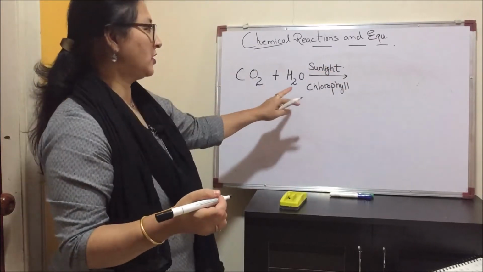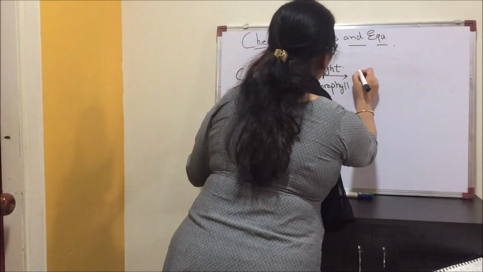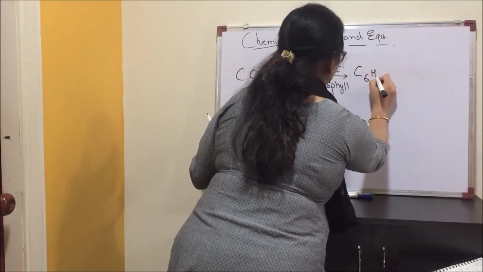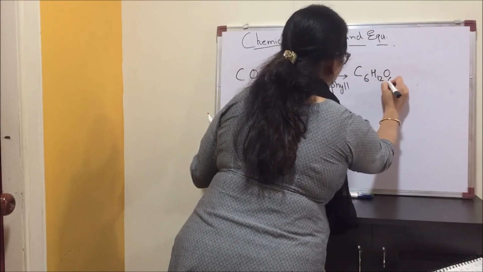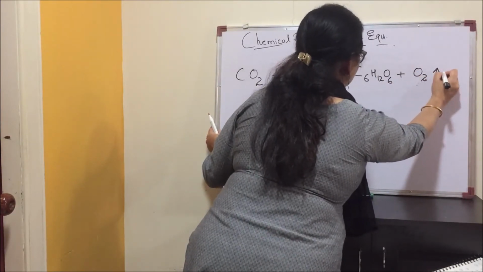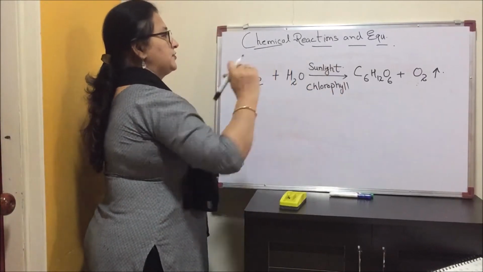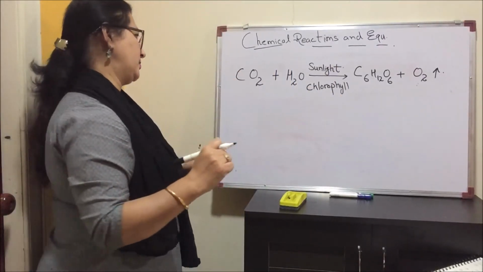Carbon dioxide and water react in presence of sunlight and chlorophyll, give glucose, and oxygen is released. Clear? So now you have to balance this equation, right?